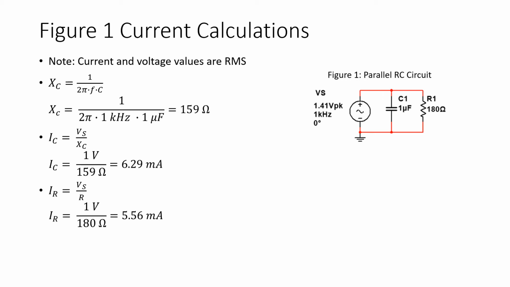Now note in these calculations I've converted the source voltage of 1.41 volts peak to an RMS value of 1 volt. So IC equals V source over X sub C, which is 6.29 milliamps. IR equals V source divided by R, which gives us 5.56 milliamps.